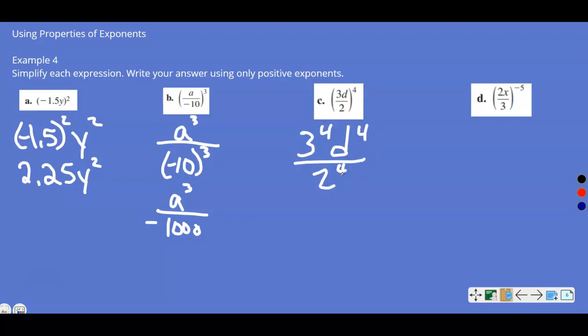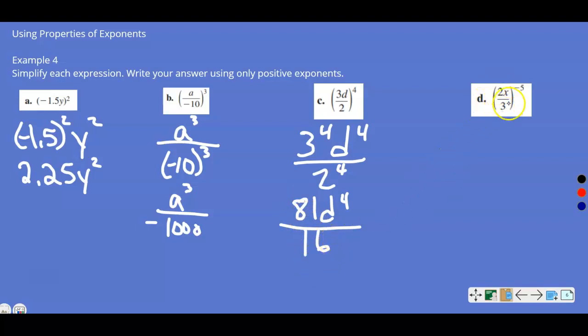Again, we can simplify the numbers here. 3 to the 4th power is 81, and 2 to the 4th power is 16. If that reduces, you could reduce the numbers, but this does not reduce, so we can leave it as it is.